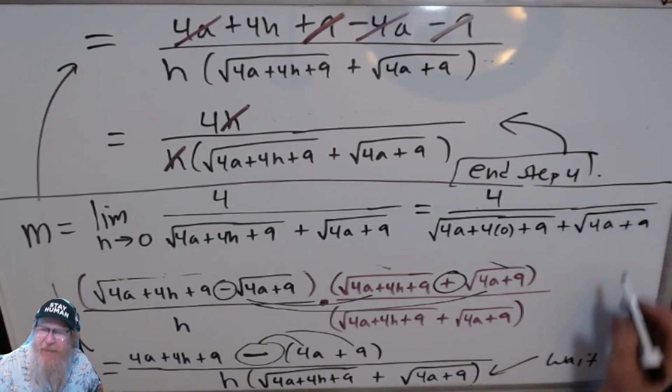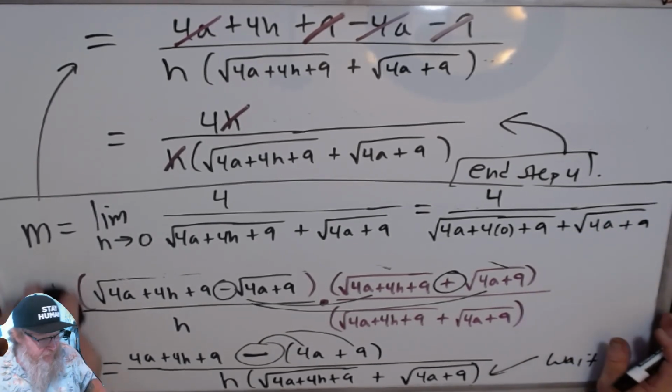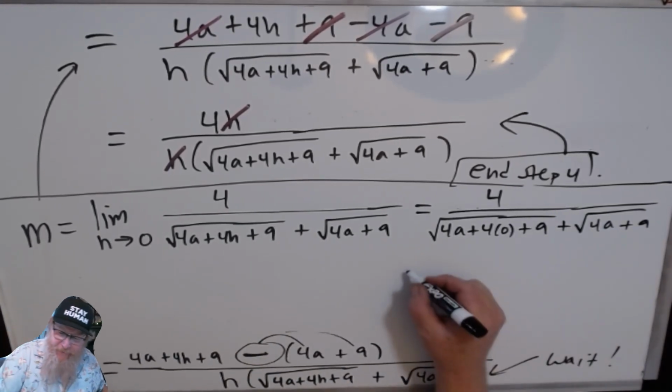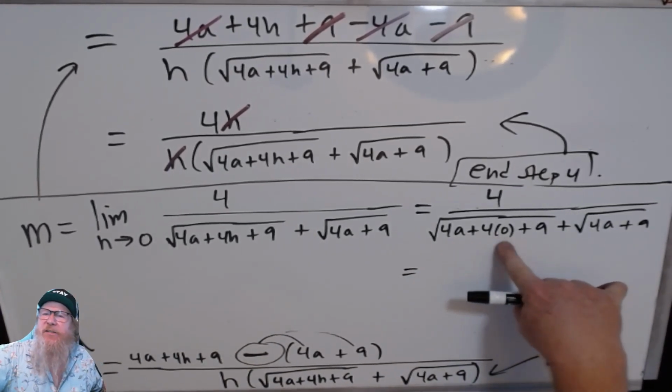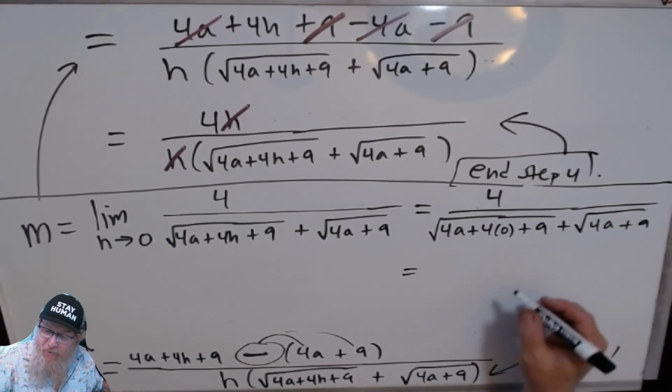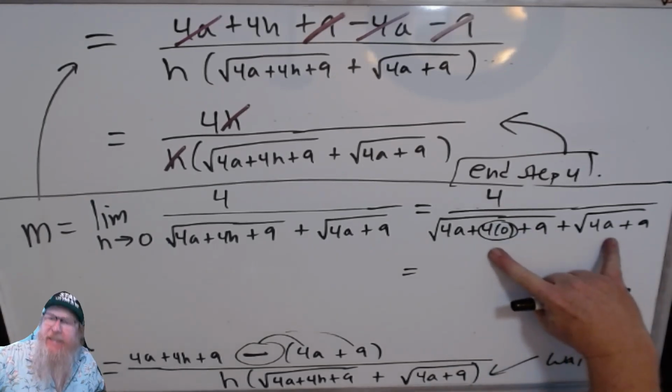It's the same thing we did in chapter 1. When you have division by 0, you can use an algebraic technique to get rid of the division by 0. You still have a 0, but notice it's not going to divide by it anymore.